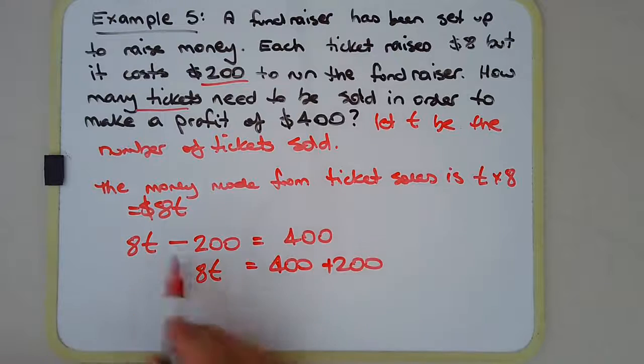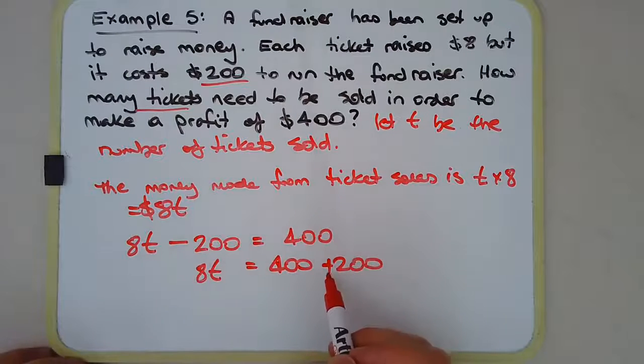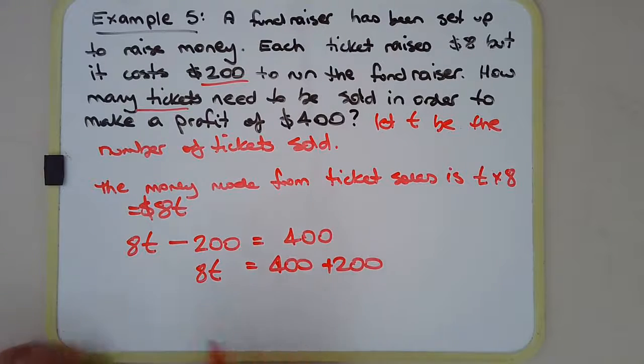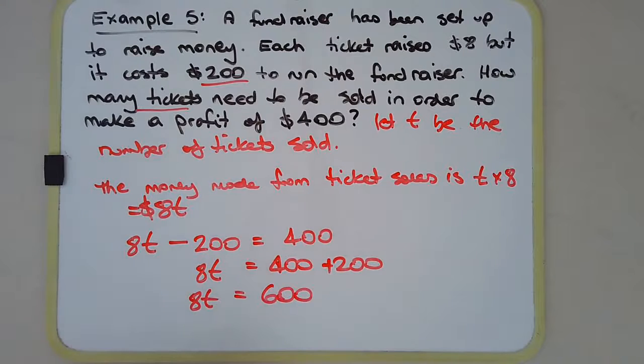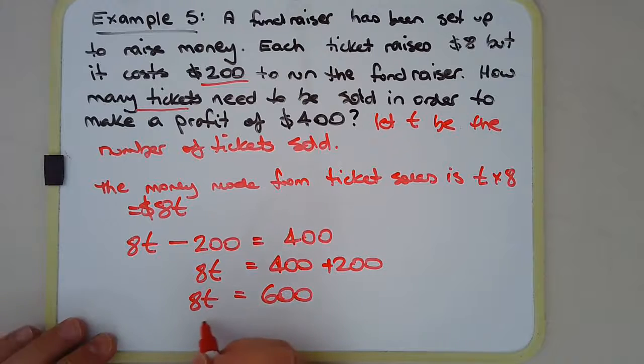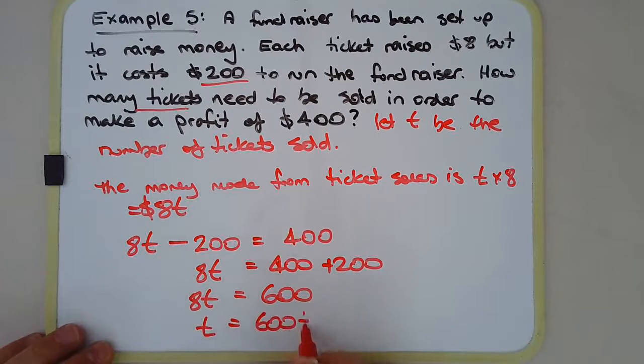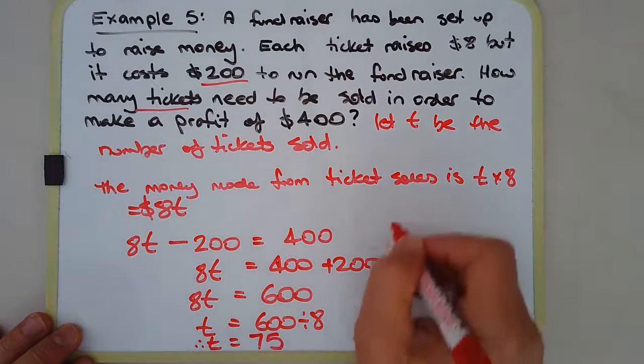The minus 200, when you move it over, becomes a positive 200. 8T is equal to $600. 8T is 8 times T. We want to move the 8 over, it becomes a division. 600 divided by 8. What's 600 divided by 8? Put it in your calculator. Therefore, T is equal to 75.